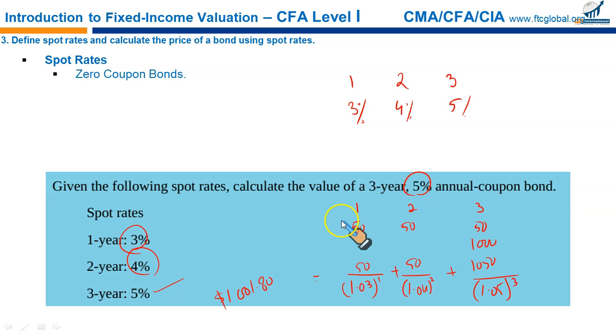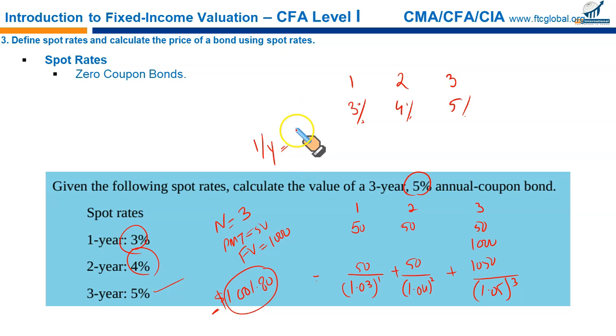If you plug in the numbers in your financial calculator, N is 3, the coupon payment PMT is 50, FV is 1000, PV is negative 1,001.80, and if you simply compute the YTM, the interest per period, you will calculate it at 4.93.